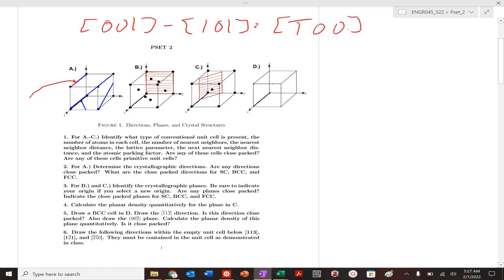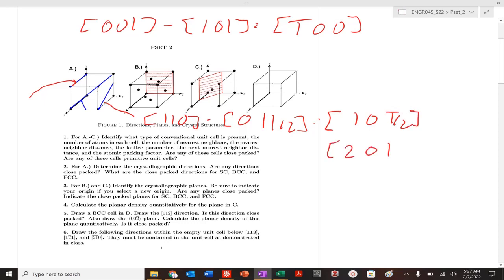If I go over here, my finish is at 1, 1, 0 minus my start, which is at 0, 1, 1/2, which is going to leave me with 1, 0, -1/2, which I must do now 2, 0, -1.